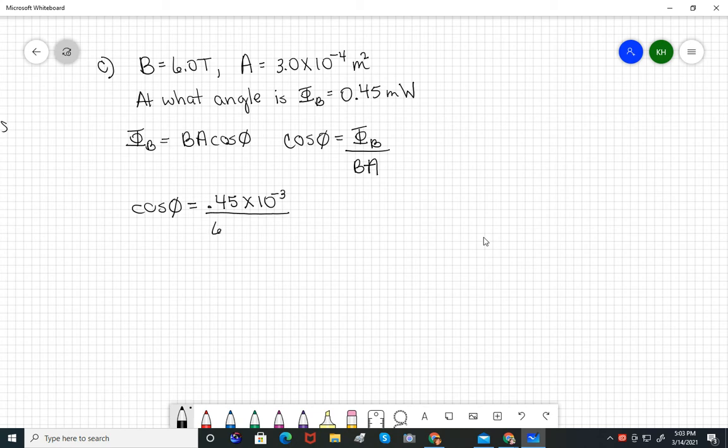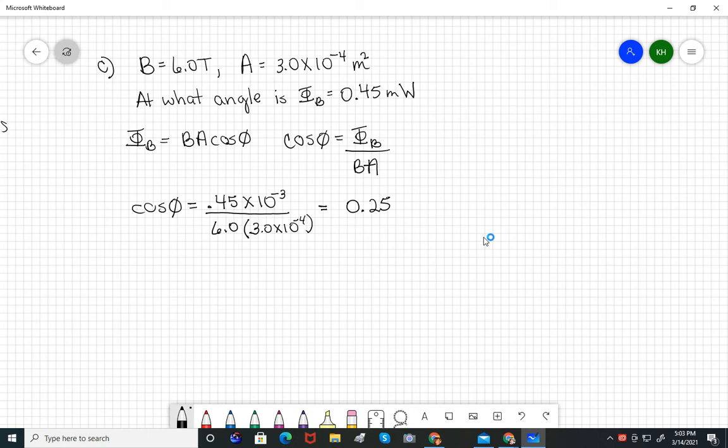B is 6, and A is 3 times 10 to the negative 4. And I get that cosine phi is actually exactly 0.25.